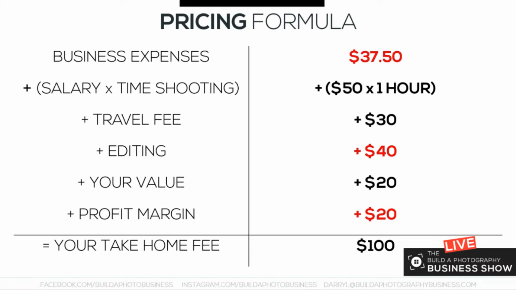So when we do all that, it leaves you with $50 for shooting, plus $30 for your travel fee, plus $20 for your brand or for your value, and adding that up gives you a take-home fee of $100 for that photo shoot.